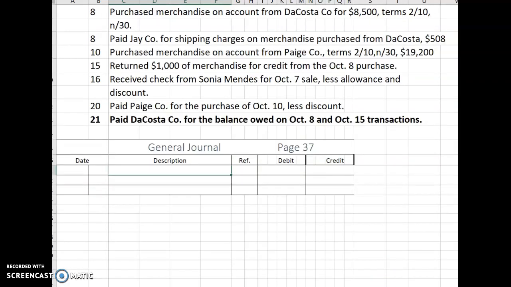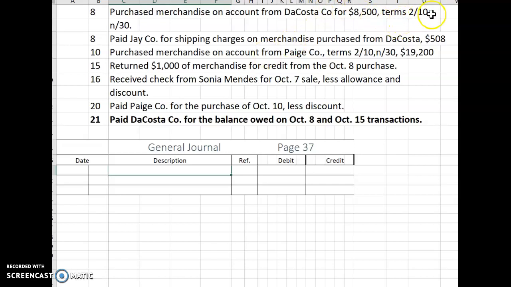And then our last transaction, we paid DaCosta for the balance owed on the October 8th and October 15th transactions. So we purchased merchandise on account for $8,500. On the 15th, we returned $1,000. So we don't owe $8,500, we returned $1,000, so now we owe $7,500.